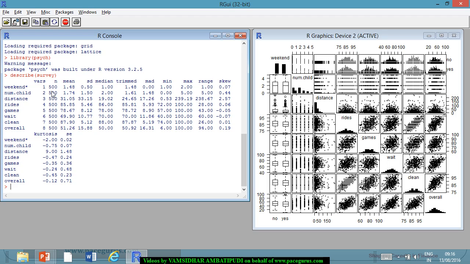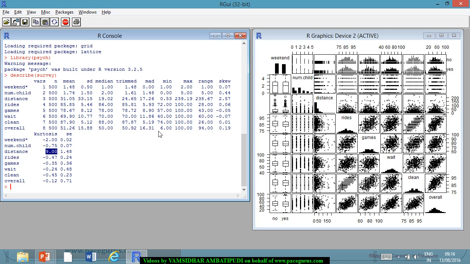Here, weekend I can ignore, number of children also I can ignore, but for distance, the skewness is 2.57, very much positively skewed, and kurtosis is also 9, very much away from 0. But for the other variables, skewness is pretty much okay. It's very close to 0, which means it's not positively or negatively skewed. The same goes for kurtosis; the numbers are pretty much around 0. Only the distance has a very high skewness and very high kurtosis.